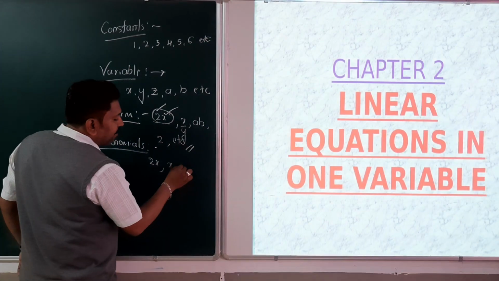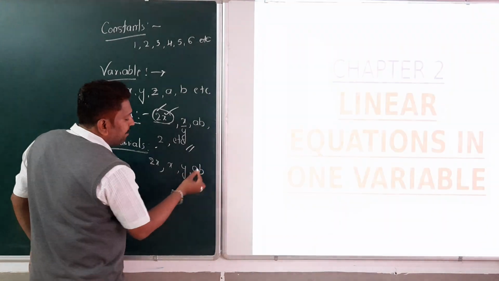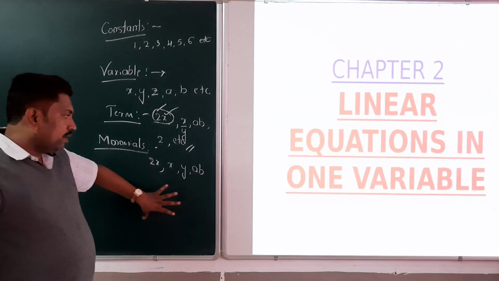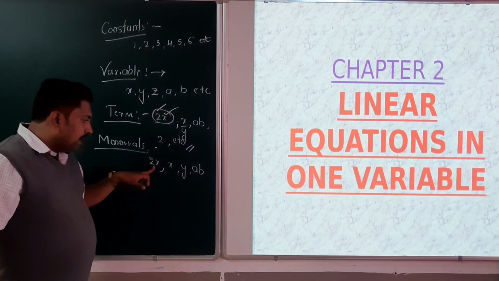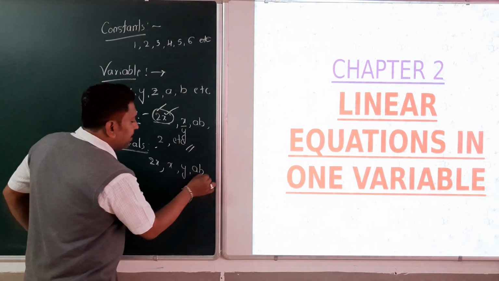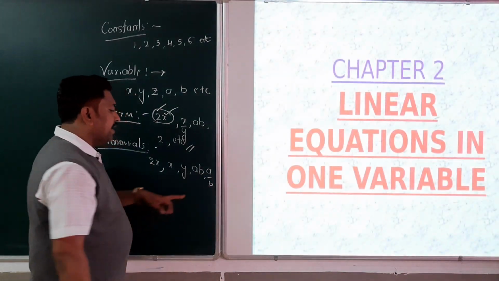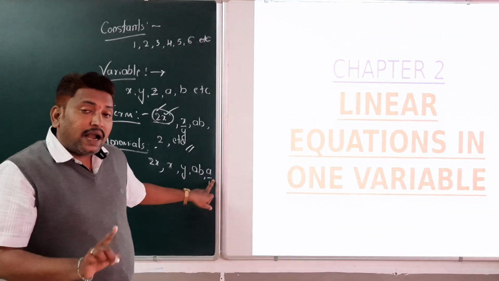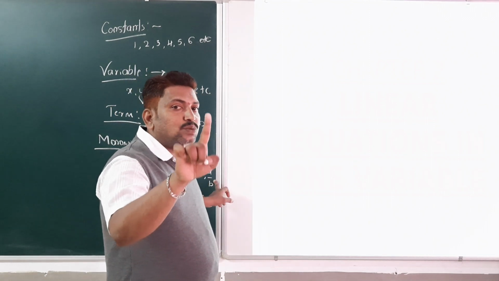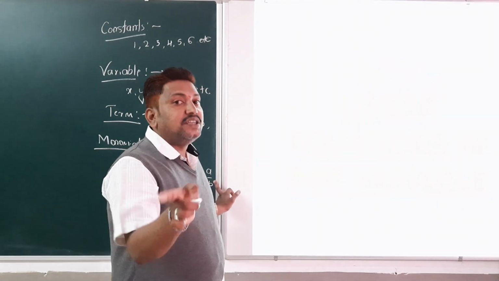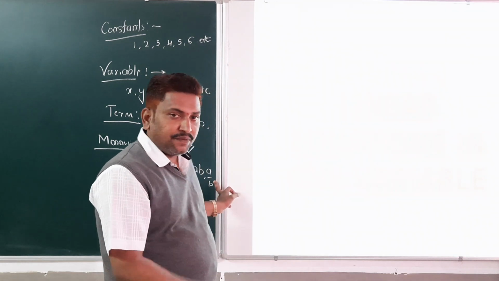x, y, a, b. I want to clarify another important thing here. We can use the multiplication sign and also the division sign, a divided by y. Multiplication and division signs indicate one term. Keep in mind, they should not bifurcate the terms.